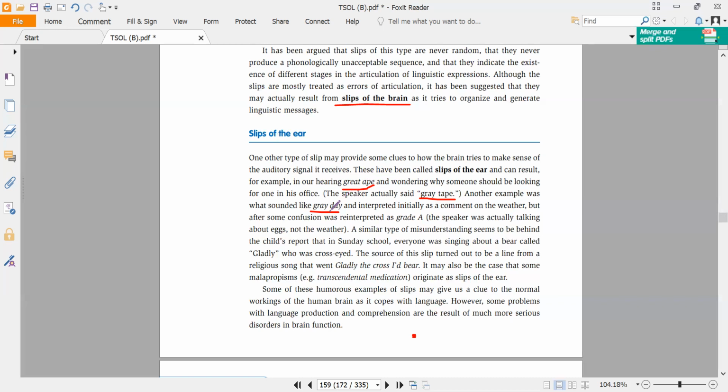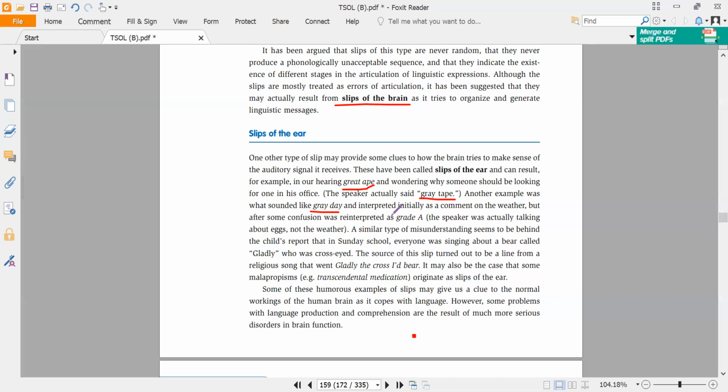Same is the case with this one, gray day. If you look at the original form, let's suppose I have got grade A in the previous exam.